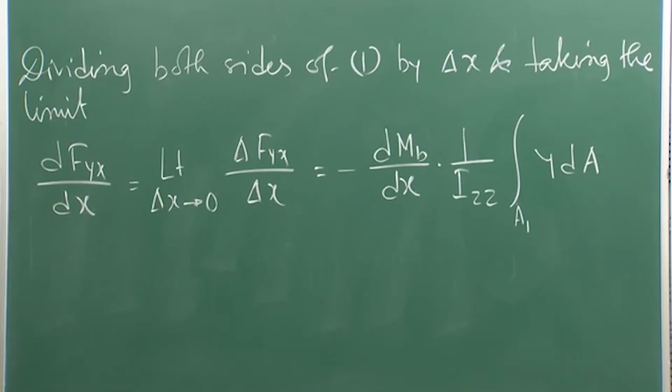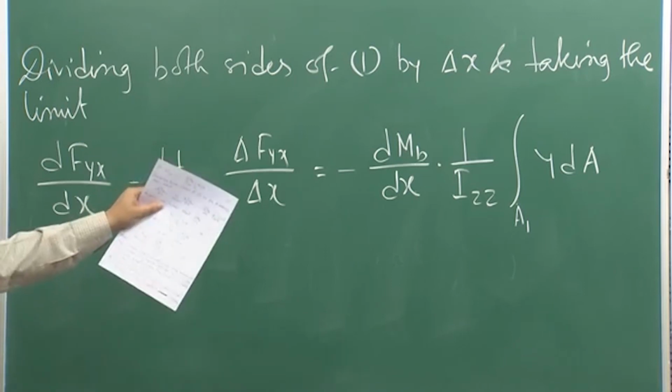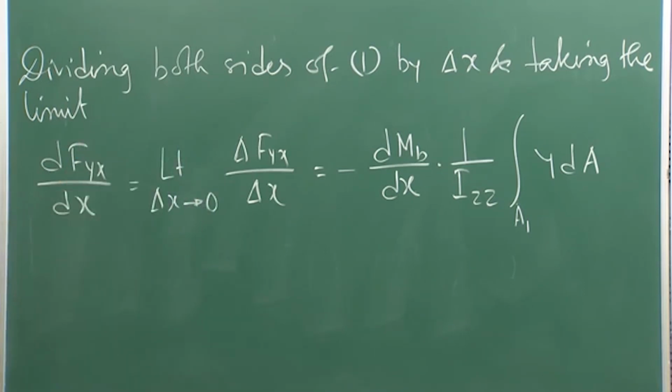Agreed? So, we are just taking the limit: we are dividing both sides of equation 1 by delta x and taking the limit. So, that will be coming like that.